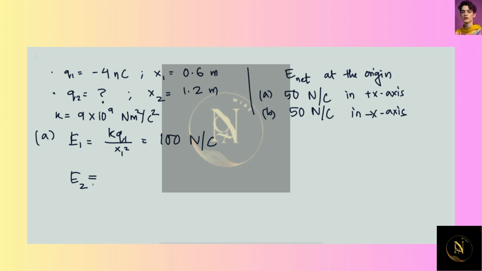Now, similarly, we can find E2. One thing we know for sure is that the electric field due to the second charge must be in the negative x direction, so the second charge is positive, and its magnitude has to be 50 Newton per coulomb.